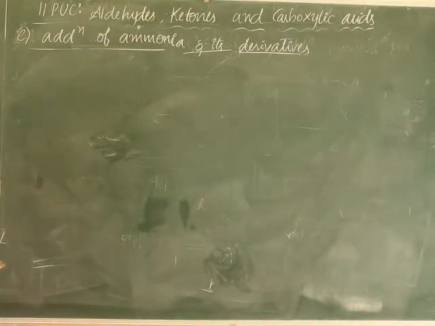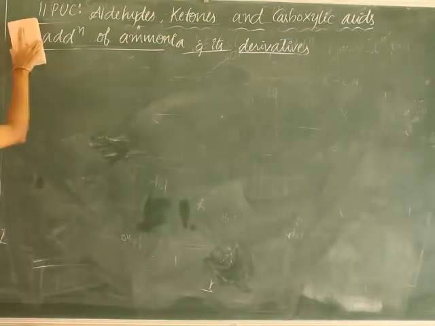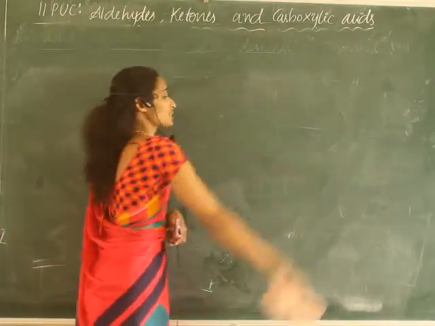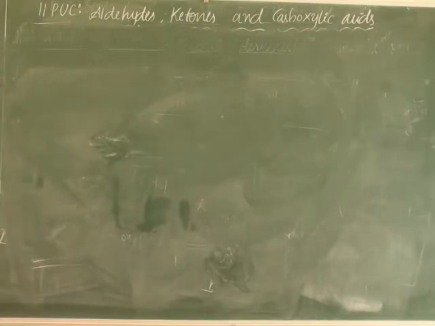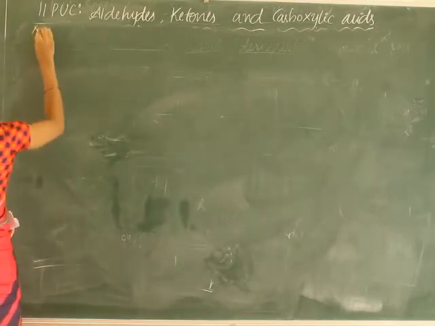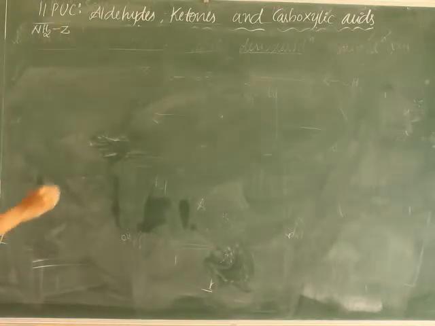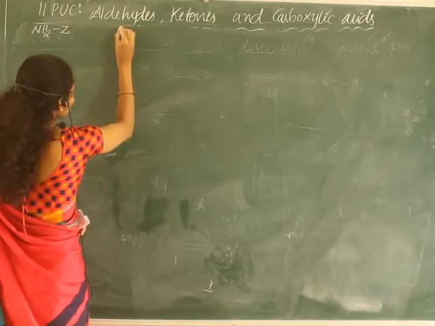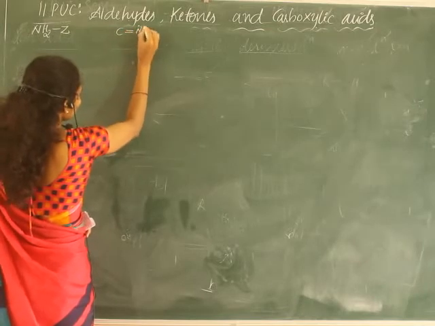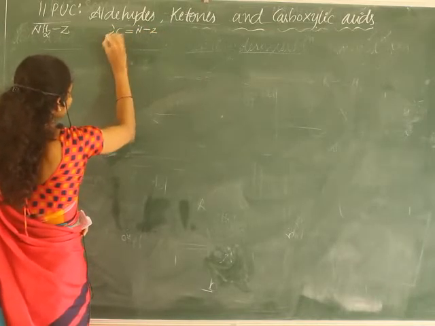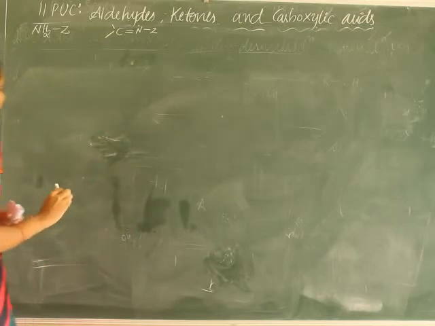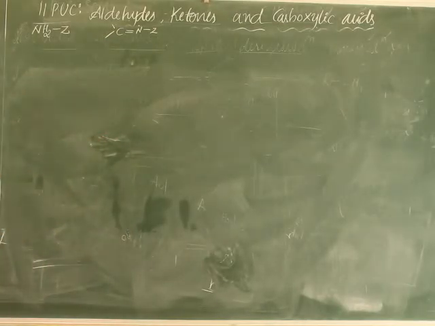Starting material is ammonia or its derivative NH2Z, and product is C double bond NZ. Just remember this much. Okay? And Z may be alkyl, aryl, OH, NH2, any groups.